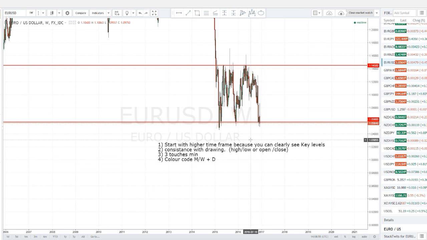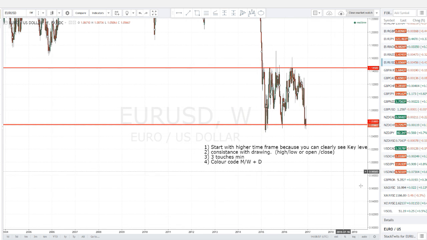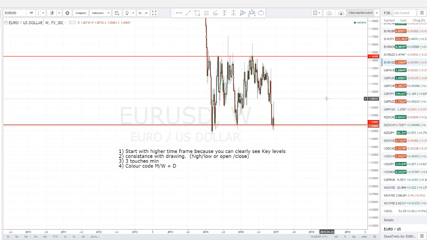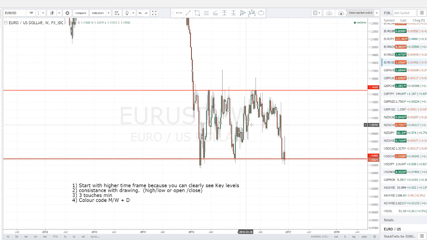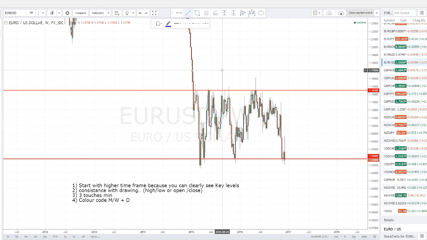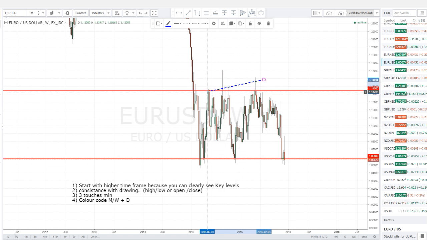Now, if you notice, I draw mine for the open and close price, not the highs and lows. The open and close would be where the candle physically stops, not where the wicks are. So if you were going to draw the highs and lows, that'd be the highs of the candle. Whereas if you were going to draw this trend line, it would obviously be like that, because that's where the closes are.